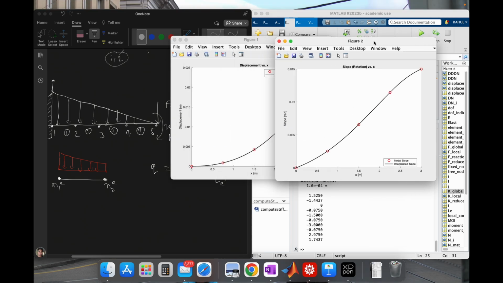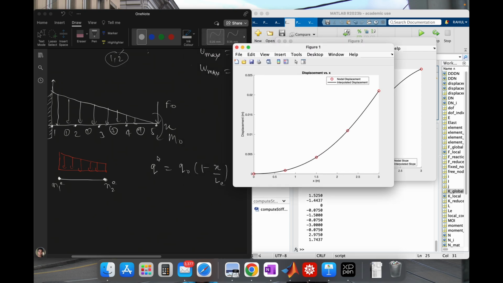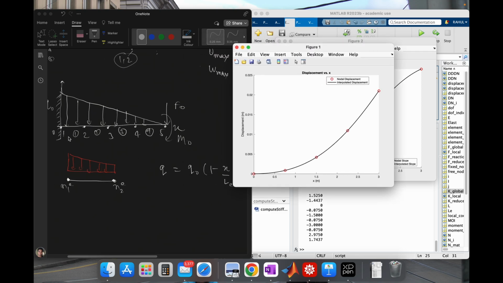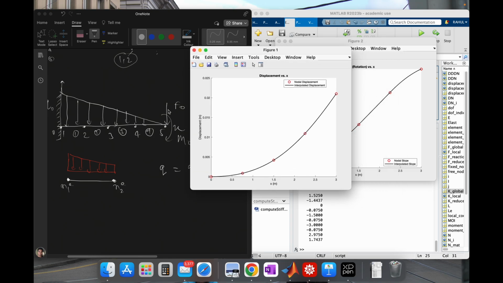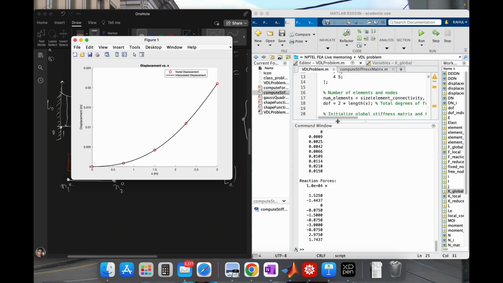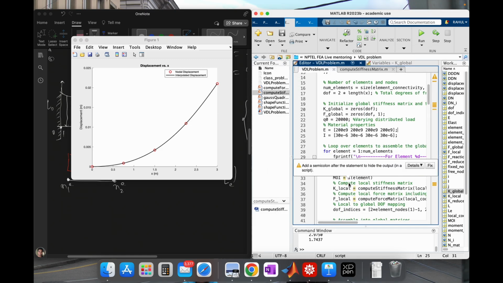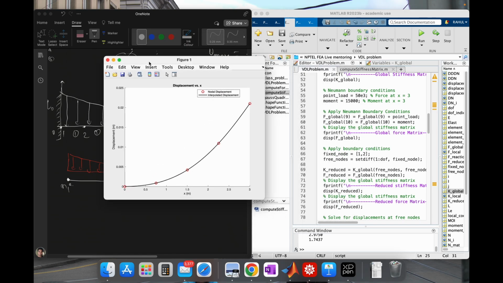Here you can see that the deflection will be 0, which is as expected because it is a fixed point, so deflection should be 0 at this point. The nodes are also correct, 1, 2.